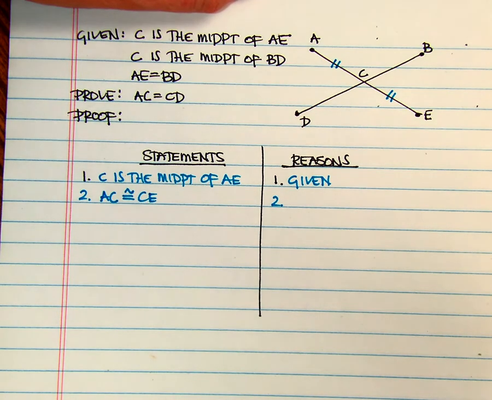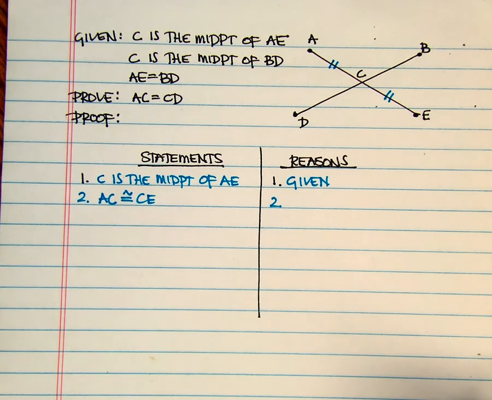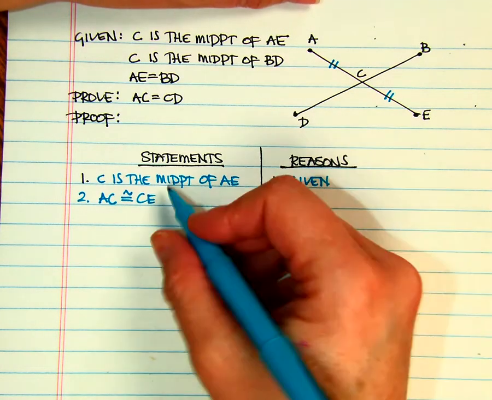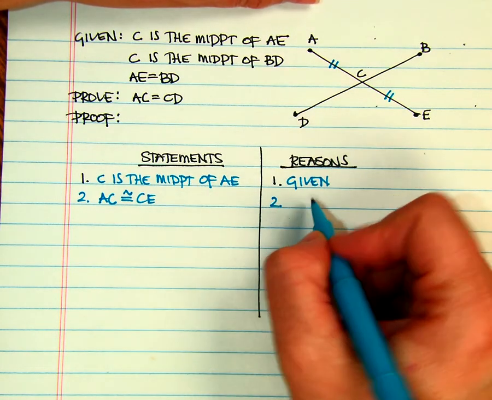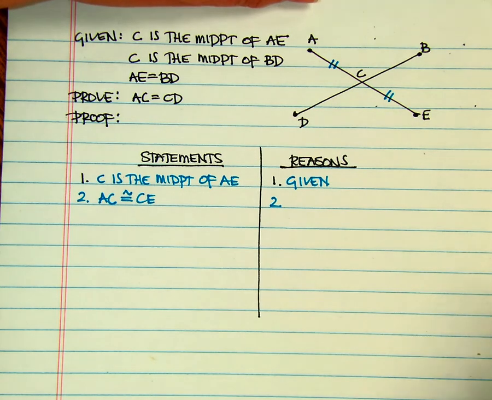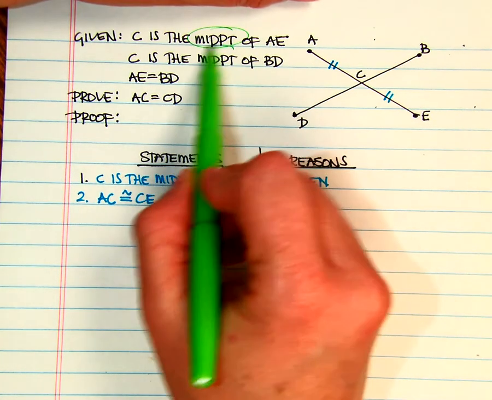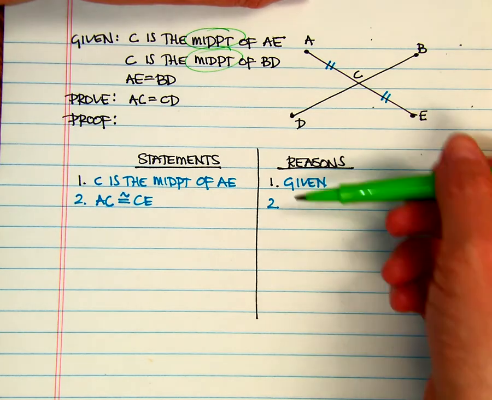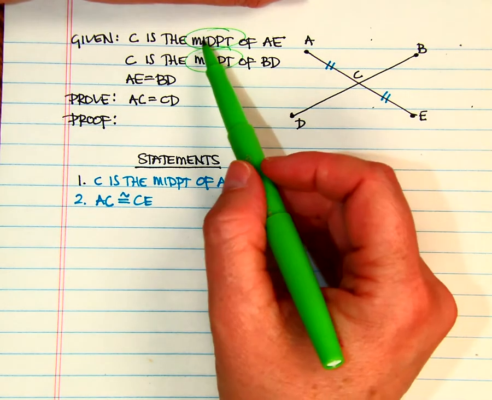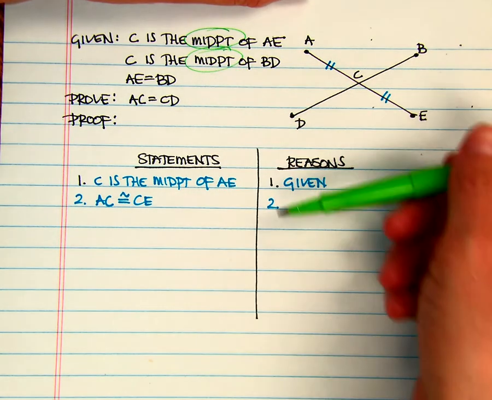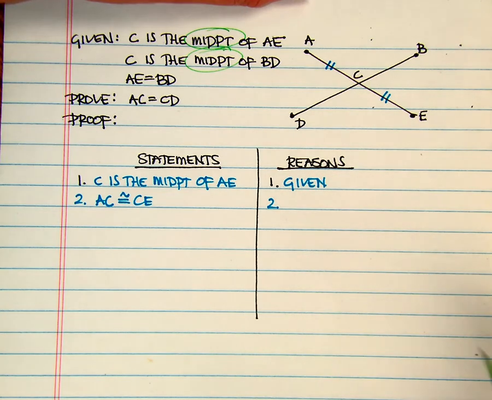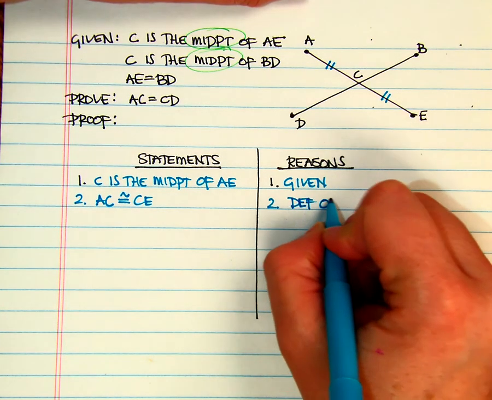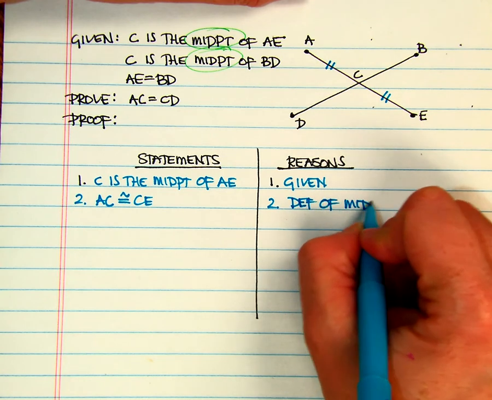I'm not that picky on whether you have a congruency symbol or an equal symbol here. So number 2 would be the reason why I can say that is because, remember I said that if you see a keyword somewhere in your proof, you're probably going to have that definition of midpoint, or if it said something about bisector up here, you're probably going to have definition of bisect, so look for those keywords. So this would be the definition of midpoint.